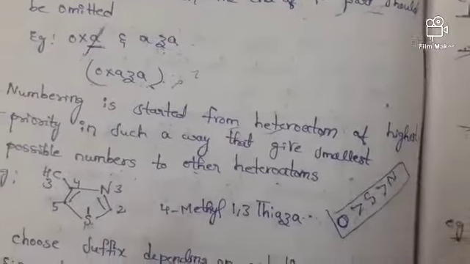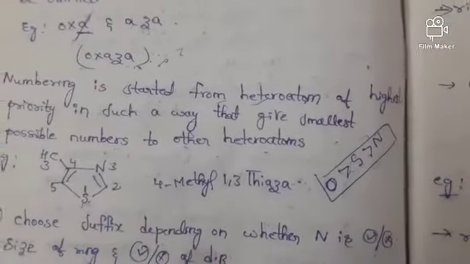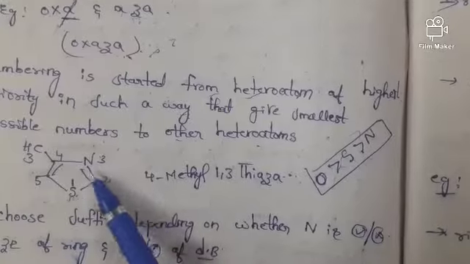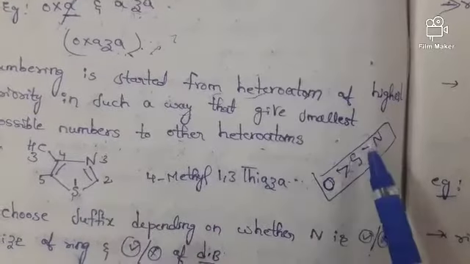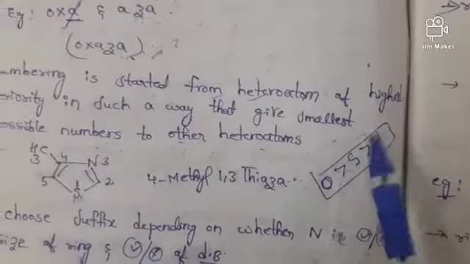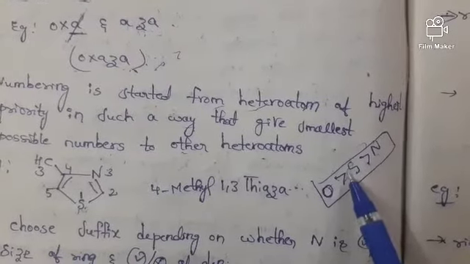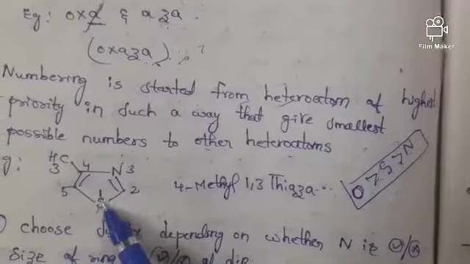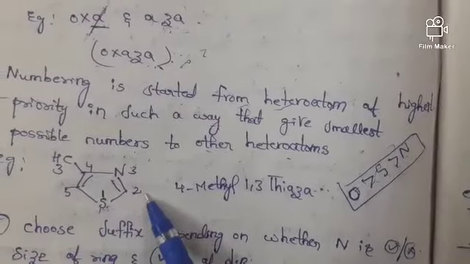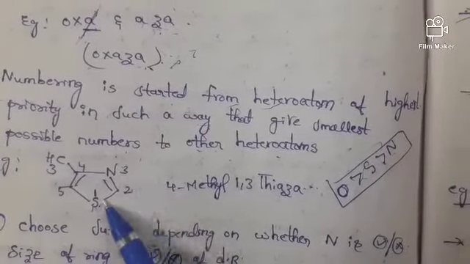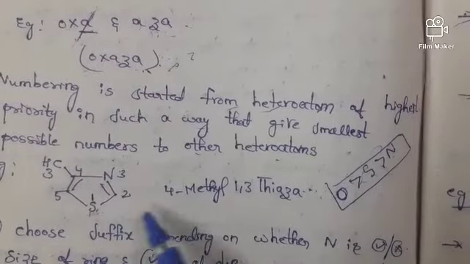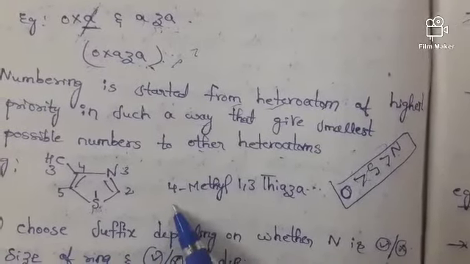Here we have sulfur and nitrogen. According to our order, when compared to nitrogen, sulfur has higher priority, so sulfur should be given the first priority, and nitrogen comes second.